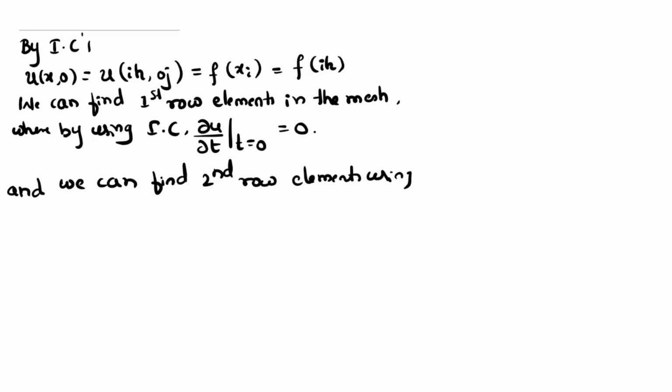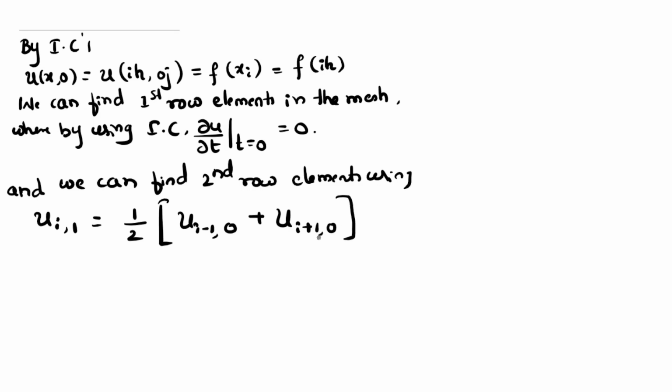We can find the second row elements using u(i, 1) equal to 1/2 [u(i−1, 0) plus u(i+1, 0)]. The formula we found out previously, using that condition, that is equation 3. Using equation 3, you are going to find the second row elements.